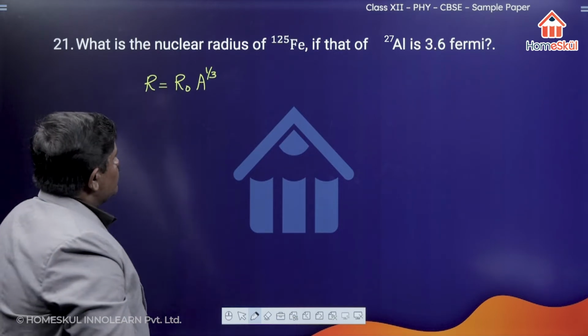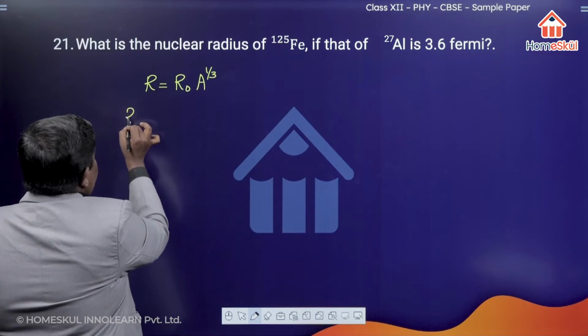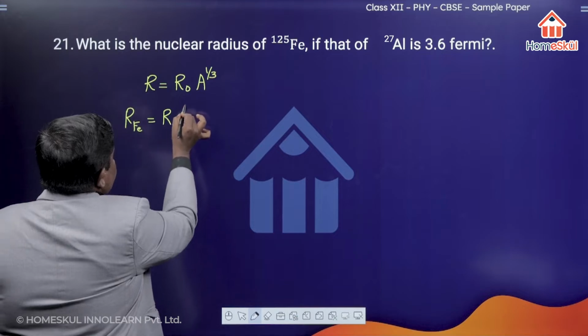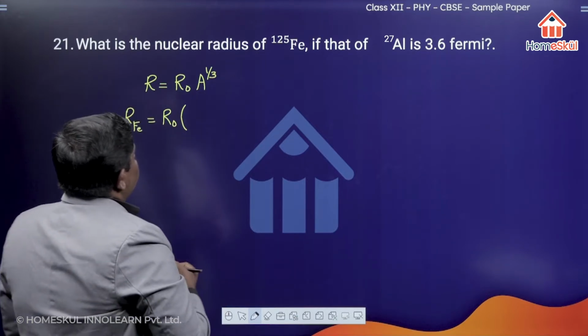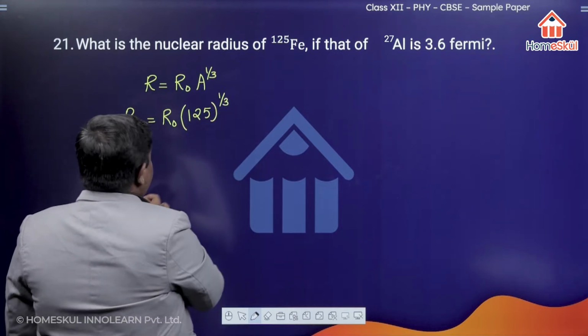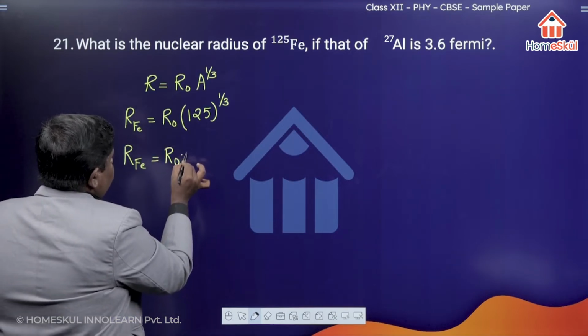For iron, R Fe equal to R0 into 125 raised to 1 by 3, that is R Fe equal to R0 into 5.